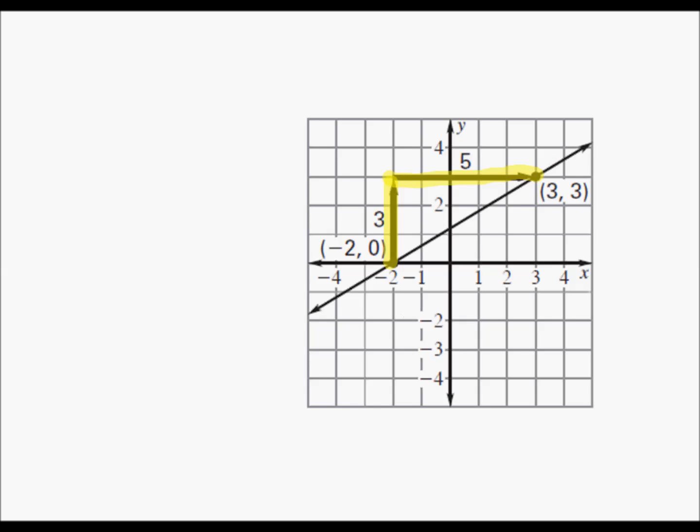That is why I refer to my slope as rise over run. We can calculate it using the formula, which was 3/5, or we can look at it graphically and see if that's true. We're going 1, 2, 3, and then we're going 1, 2, 3, 4, 5. That is why my slope is equal to 3/5.